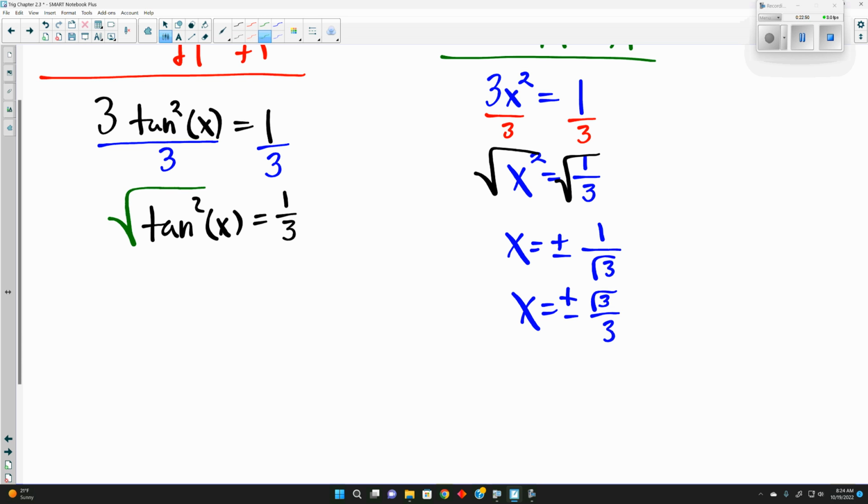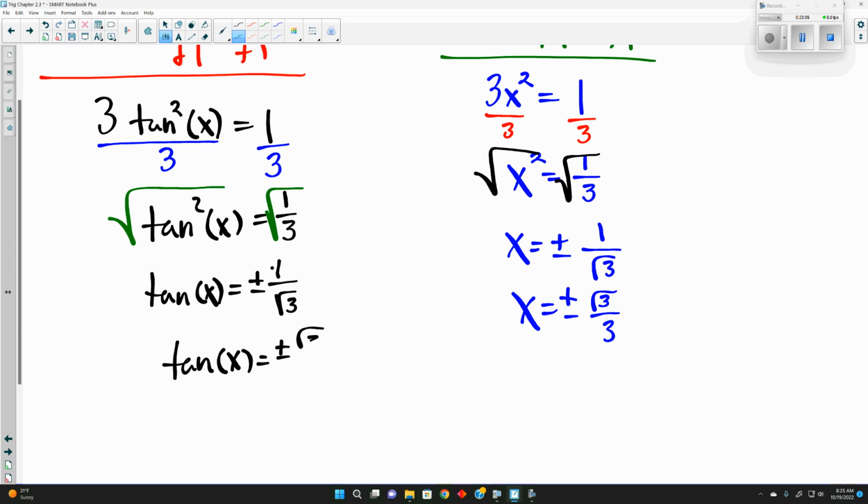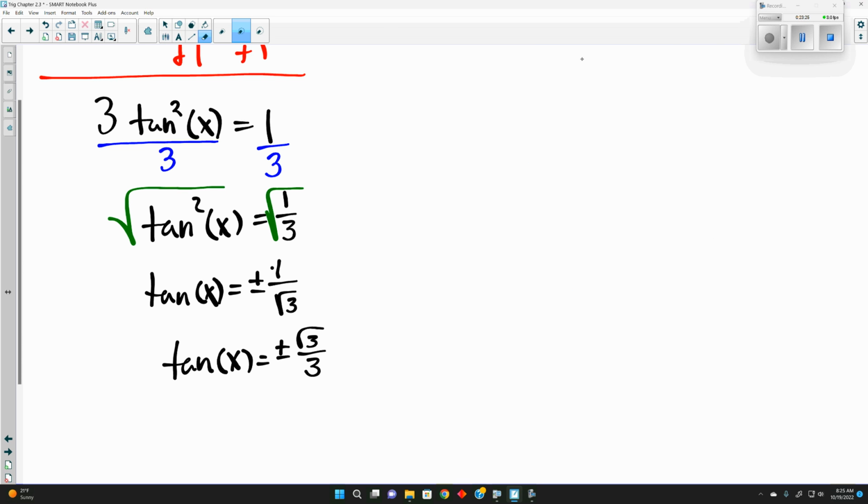And last but not least, we would square root both sides, telling us that tangent of x is equal to plus or minus 1 over square root of 3, which is really telling us that tangent of x is equal to plus or minus square root 3 over 3. Any questions on this here so far?